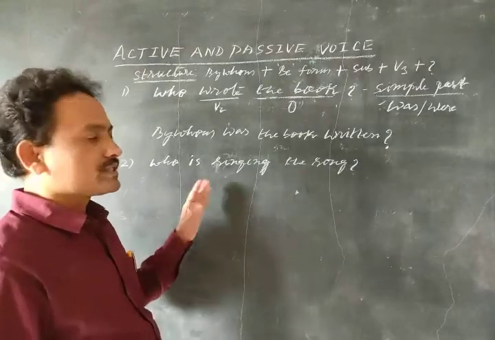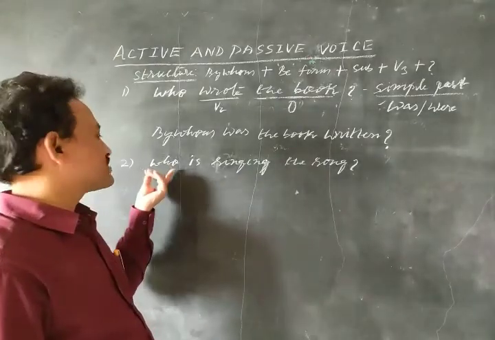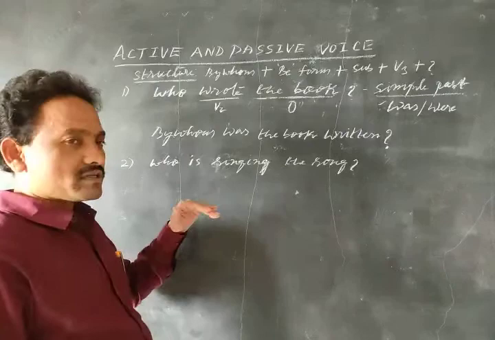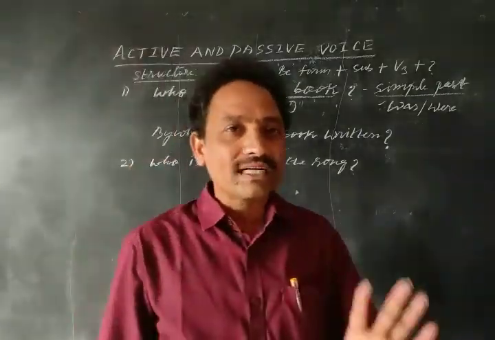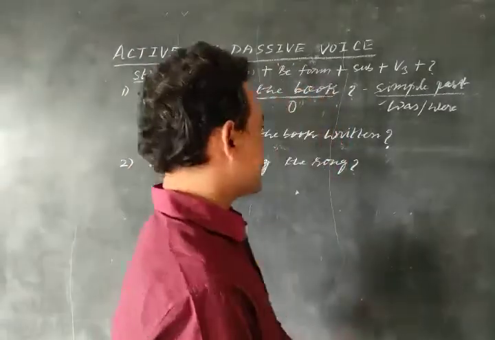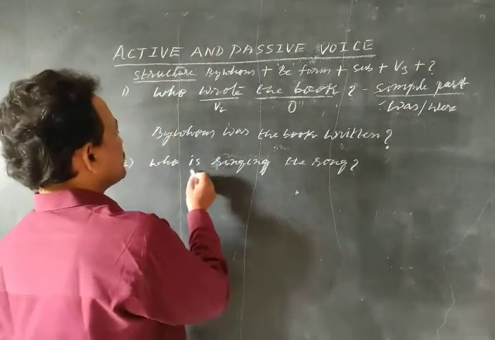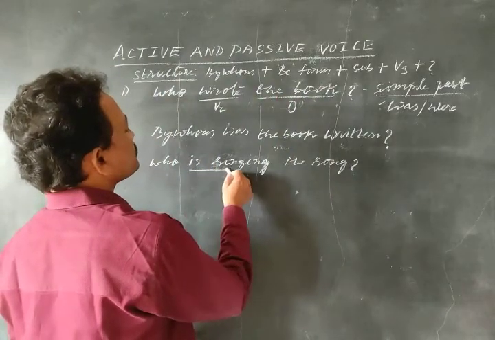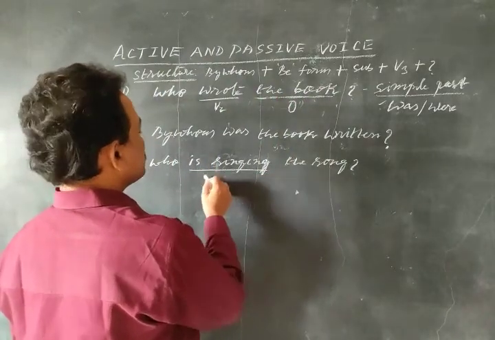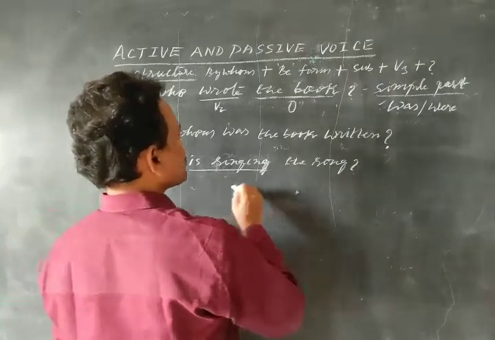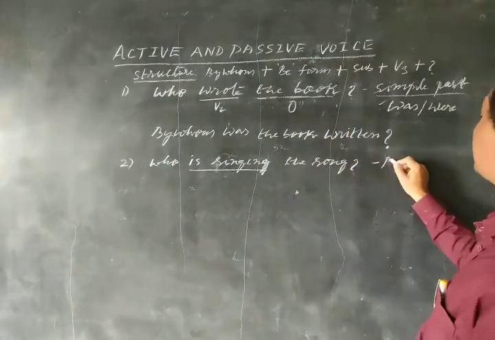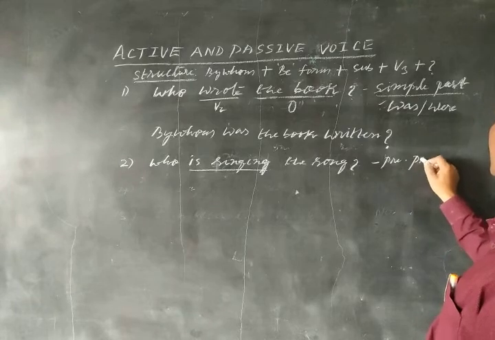Here, as you know, this is interrogative and also begins with who. But first, the next step is its tense. If you want to know the tense: who is singing this song? Is singing. This is present. This sentence is present progressive.